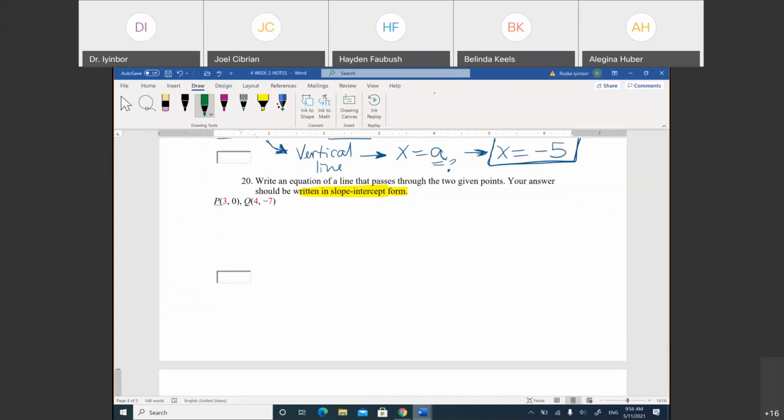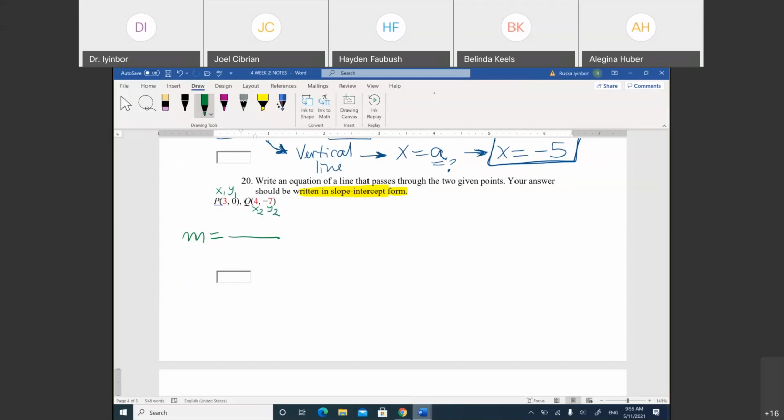Okay? So first I'm going to find the slope. And I have 2 points. Remember the slope formula, right? Rise over run. So I have x1, y1. Then I have x2, y2. And then plug it in.